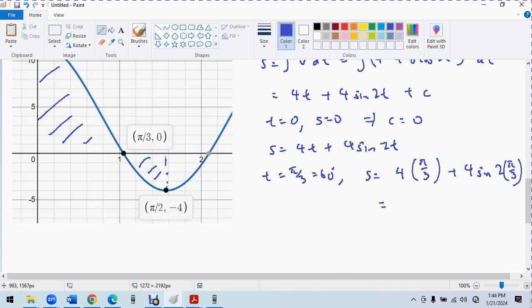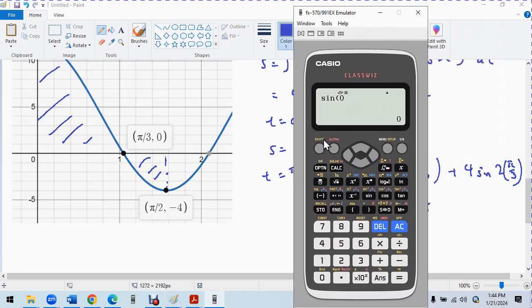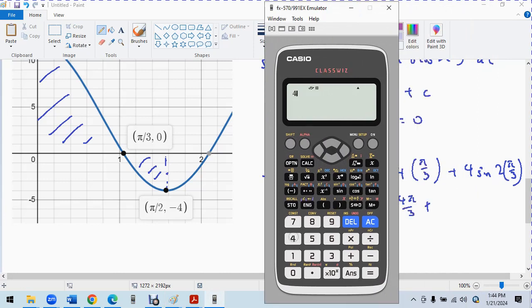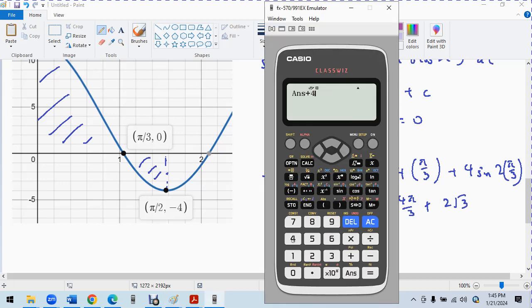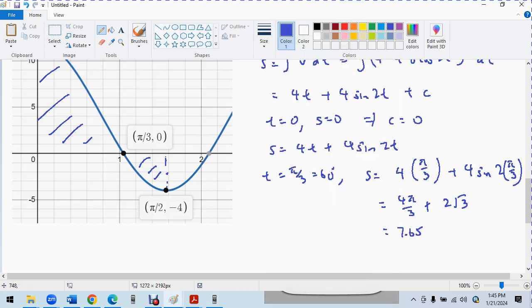That is 4 pi over 3 plus 4 sine 120, which is 2 root 3, plus 4 pi divided by 3, giving 7.65.